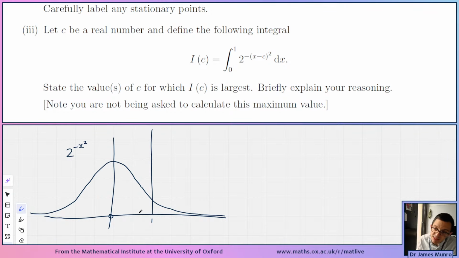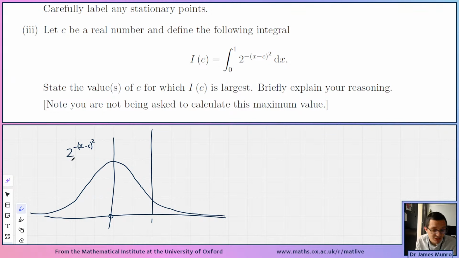And we need to remember that the integral is something to do with the area under the curve and between these lines, x equals 0 and x equals 1. We would like to make this integral the largest that we can. And the control that we have is that actually, instead of just talking about this function, we're talking about these things after they've been translated to the right by some value c.